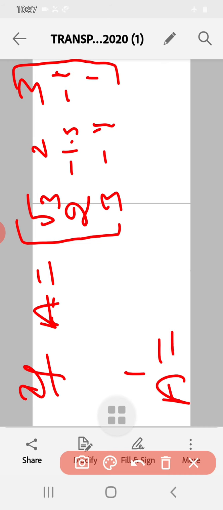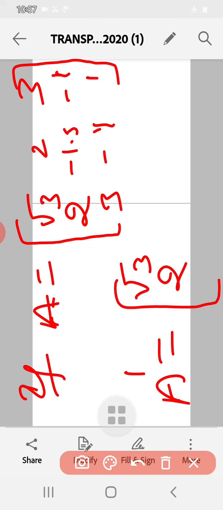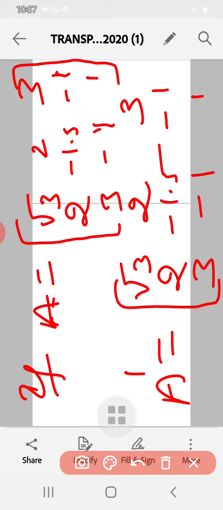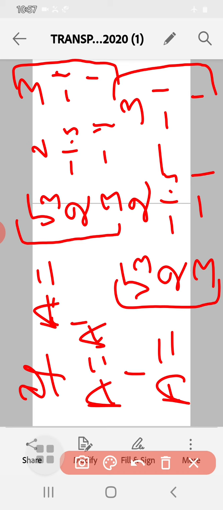Then if I write the transpose, you get root 3, 2, 3, then 2, minus 1.5, minus 1, 3, minus 1, 1. Observe here, A is equal to A dash, both are the same.